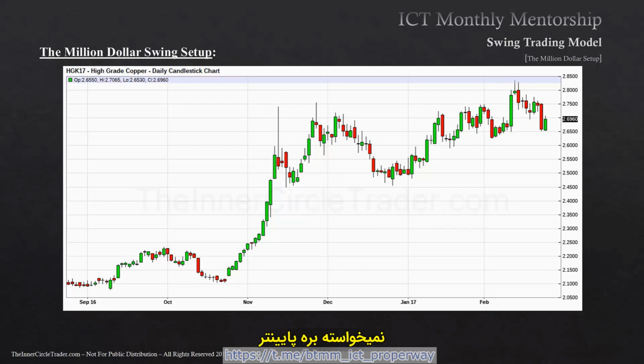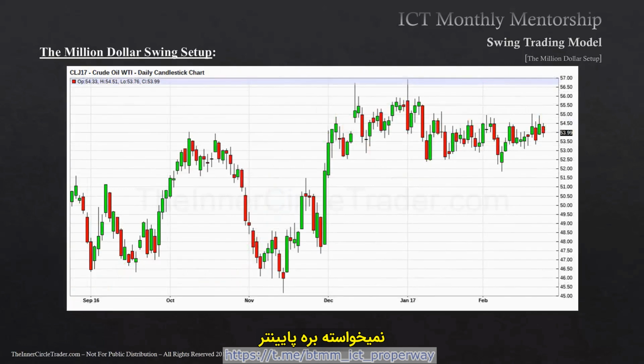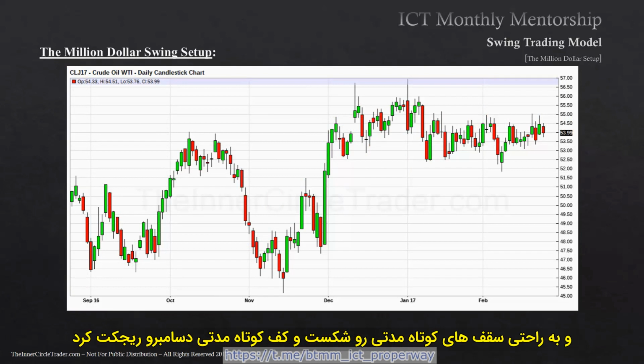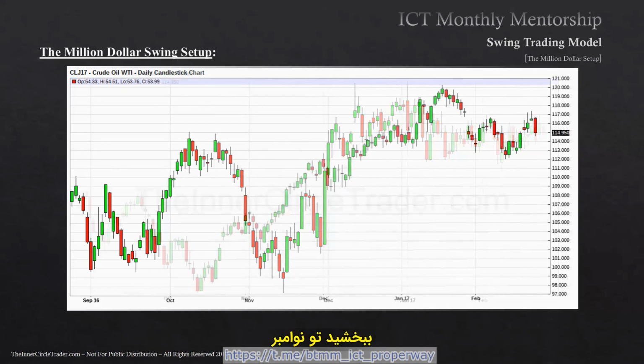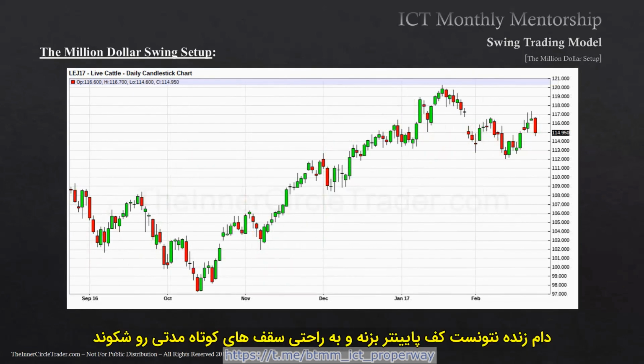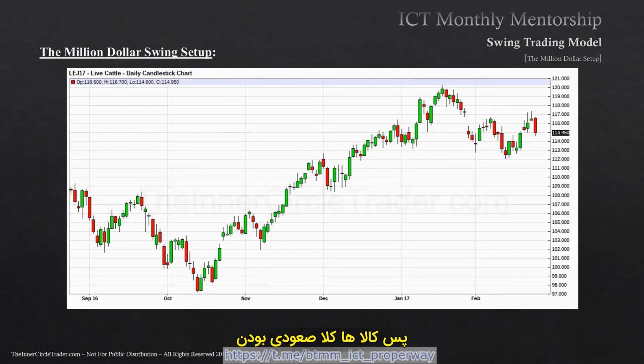It's not been wanting to go lower. Crude oil made a higher low going into December, and it was easily taking out short-term highs, rejecting the short-term low made in November. And live cattle was failing to make lower lows, easily taking out short-term highs. So commodities as a whole were bullish.